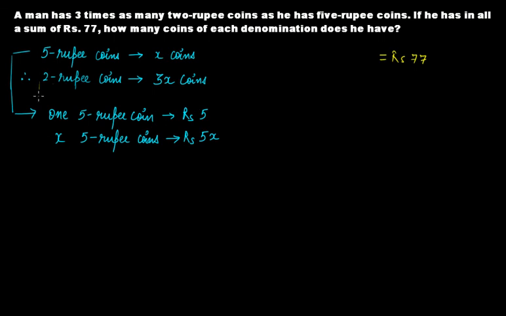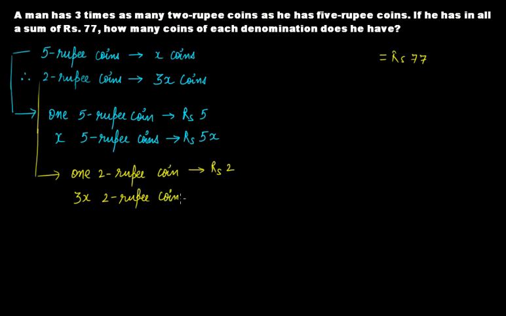And in this case, if one 2 rupee coin has the value of rupees 2, then what will be the value of 3x 2 rupee coins? That will be rupees 2 times 3x, right? That is rupees 6x.